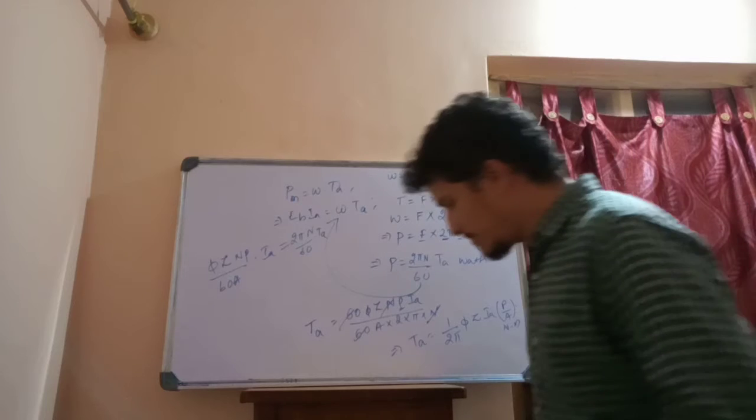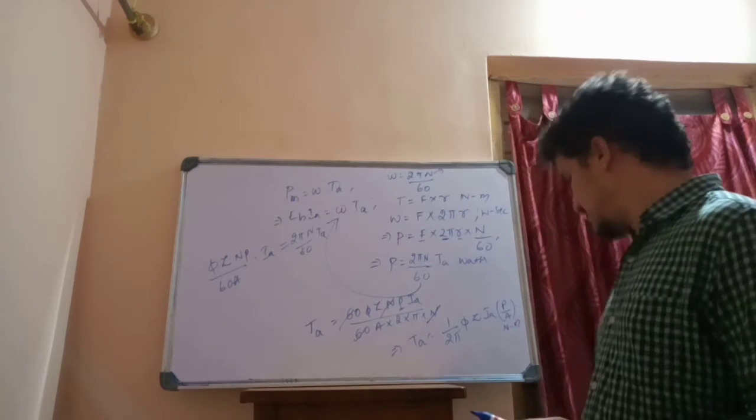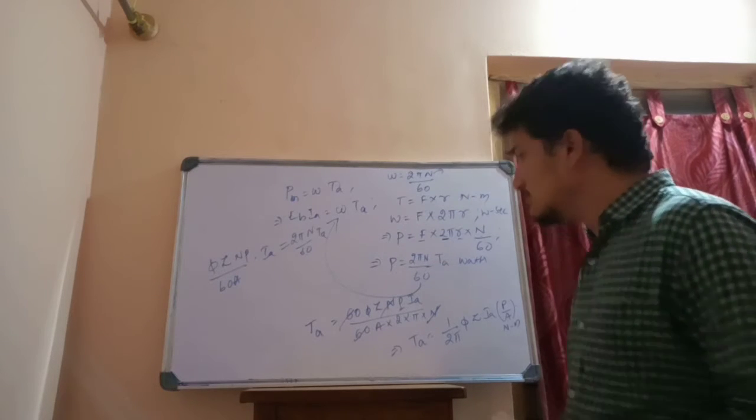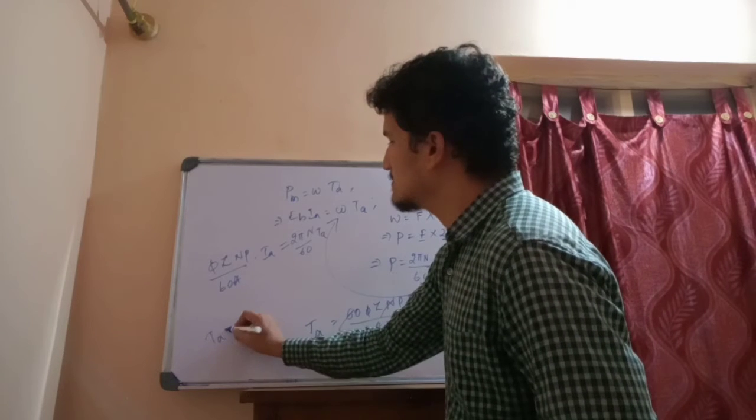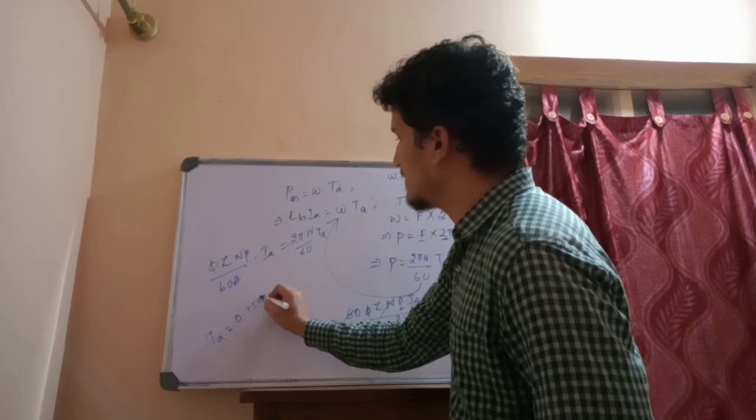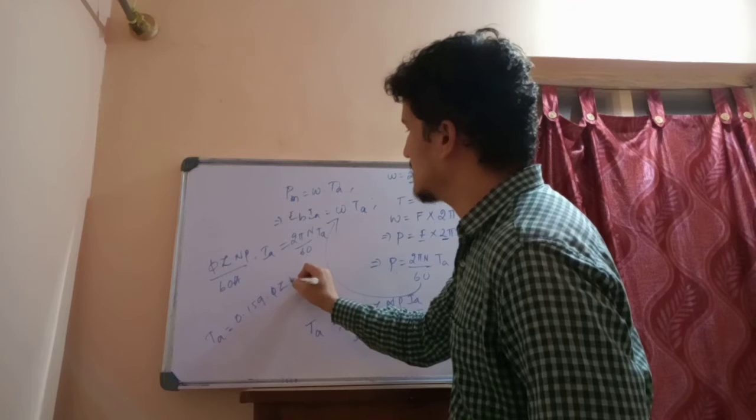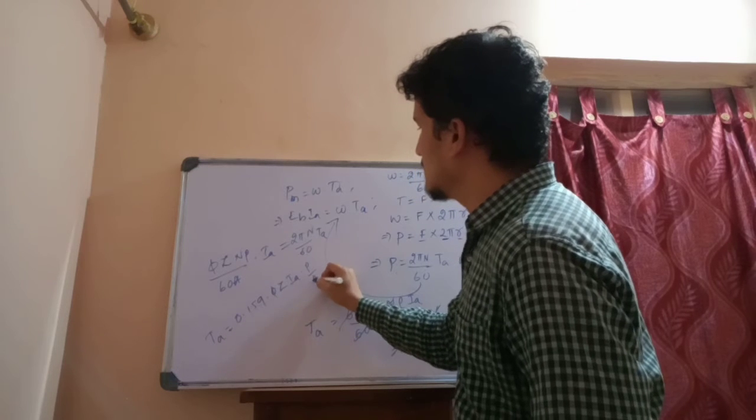So 1 by 2 pi can also be written as 0.159, so TA is equal to 0.159 into phi into Z into IA into P by A Newton meter.